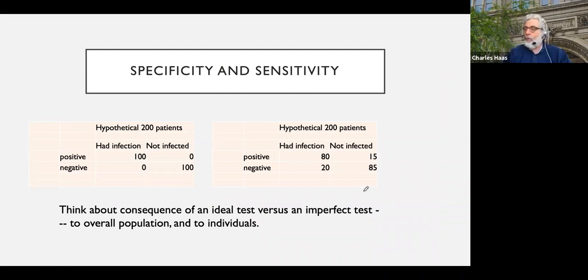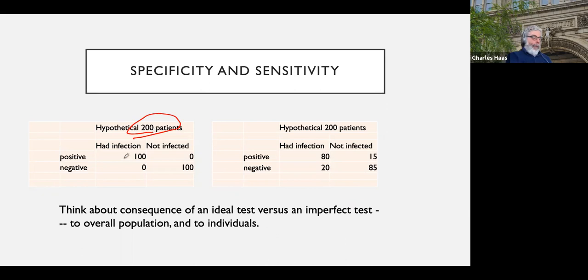Now, one of the issues with testing that we need to worry about is whether or not the test is sufficiently specific and sensitive. So if we had an ideal test, and let's imagine we had 200 people that we tested, 100 who had the infection, 100 who did not have the infection.